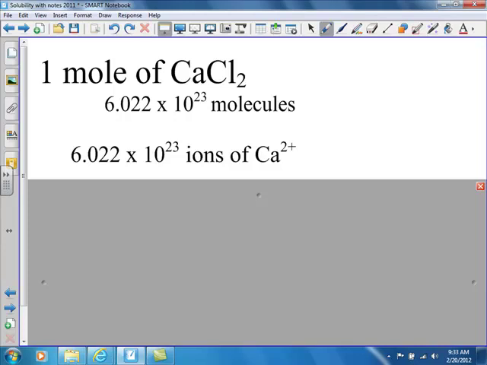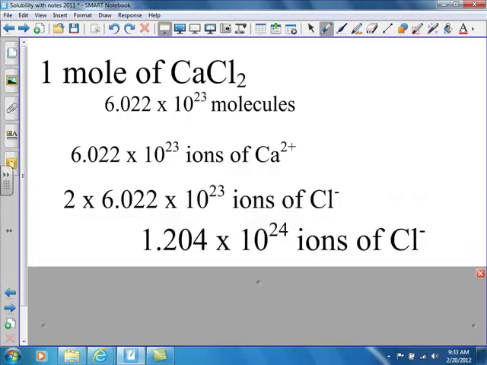And how many chloride ions would I have? I would have 2 moles of the chloride ions, 2 times 6.022, which would give me that many. And the whole point of that is we deal in chemical reactions in terms of moles. We don't actually deal in terms of atoms.